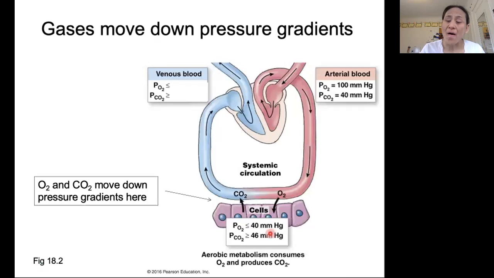Okay, so let's move on and take a look at the role of pressure gradients in moving our gases at the tissues, okay? So basically same principles, but I just want to illustrate what's going on here. So the blood approaching the tissues has a PO2 of 100 millimeters of mercury, like we just went over.